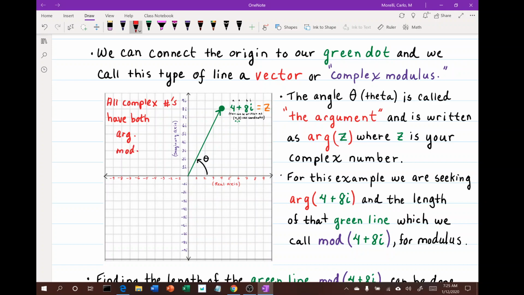That's how you abbreviate those, arg and mod. So it's arg z and mod z, where z equals a plus bi, which in this case is 4 plus 8i. These are the features of complex numbers. Basically, they have an angle of rotation, and they have a hypotenuse length, which is also the vector. We call those the argument and modulus. And all complex numbers have these features.